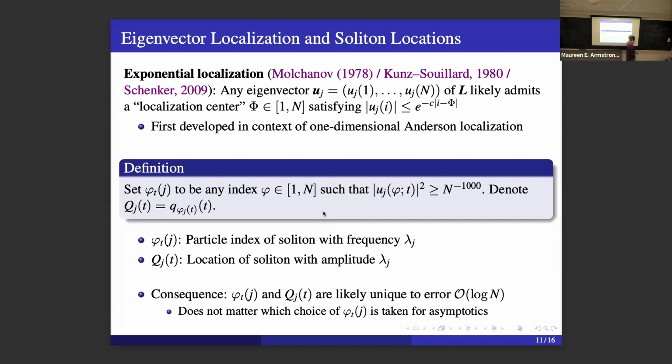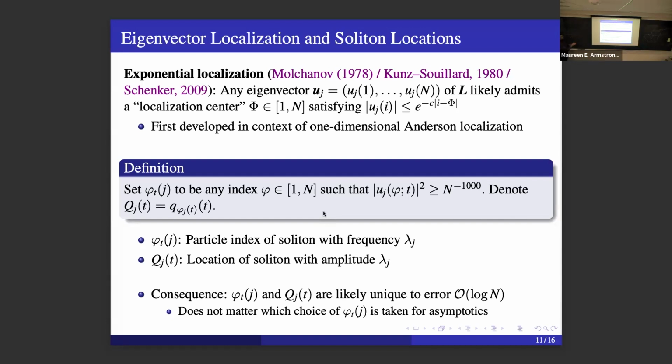So a picture you might have in mind is the following. You have these Toda particles, these are the q_i's. And then I'm just going to scramble them. This might be Q1, this might be Q3, this might be Q2, this might be Q5, this might be Q4.